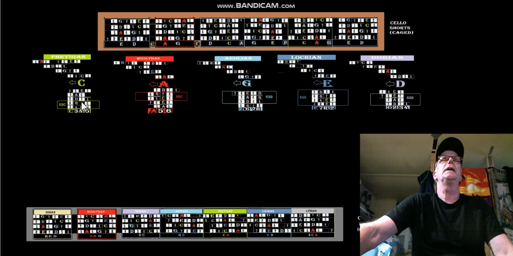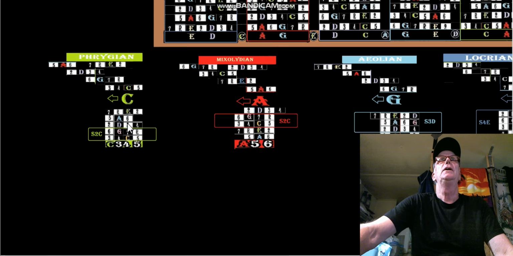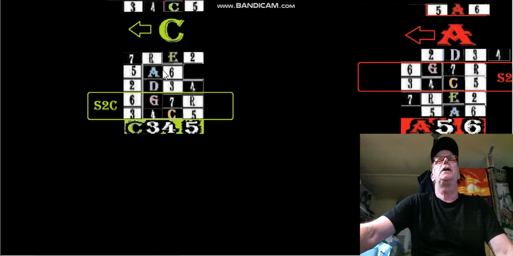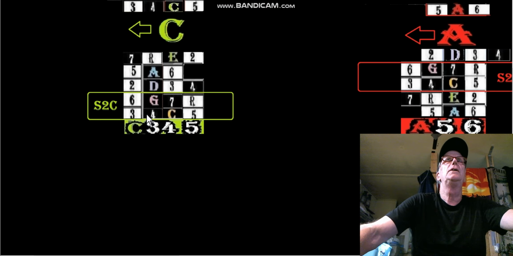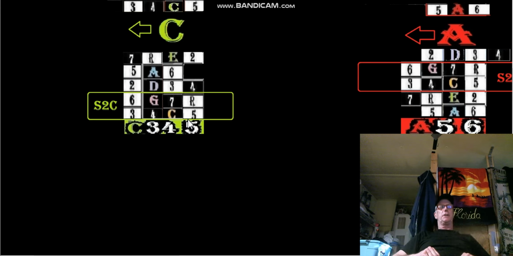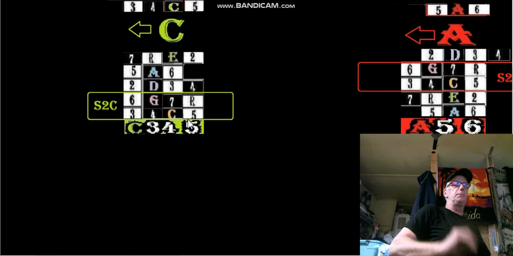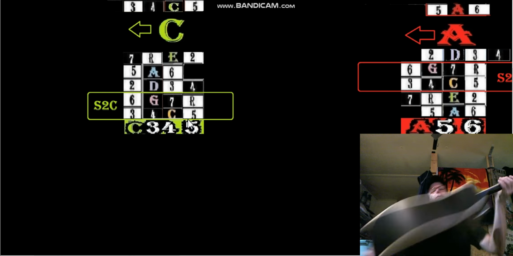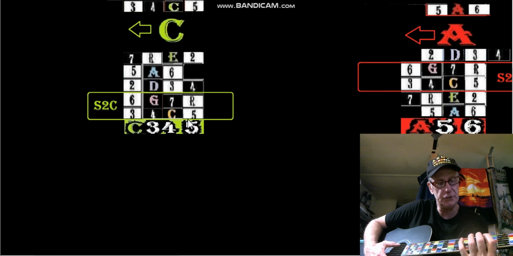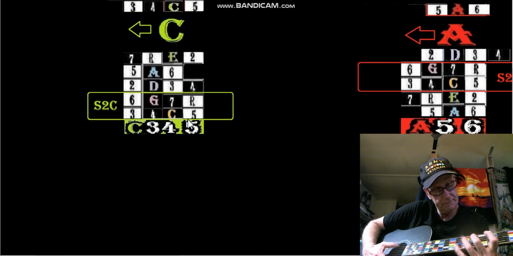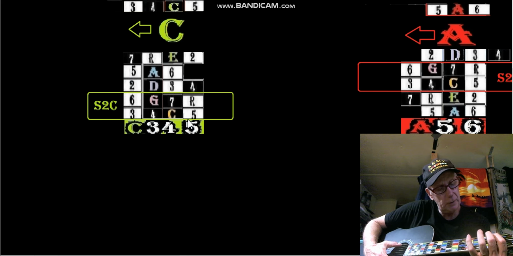This is playing how you would look at the C box on the guitar. Now this is the short C box, but remember one thing about the C box on the guitar: you don't need to play the long pattern on the C box, but you can. Here's a short pattern, and here's the long pattern.